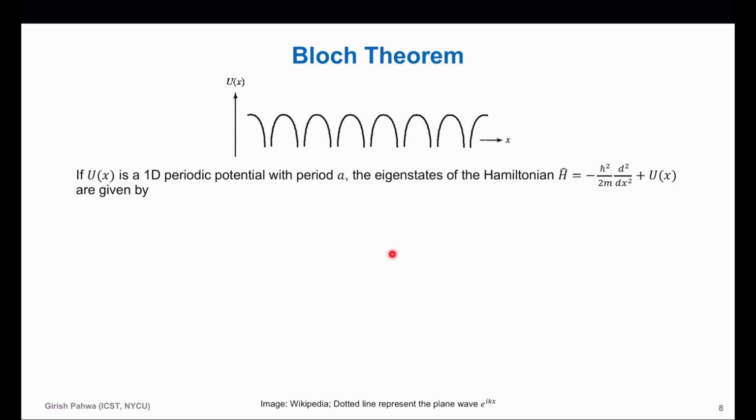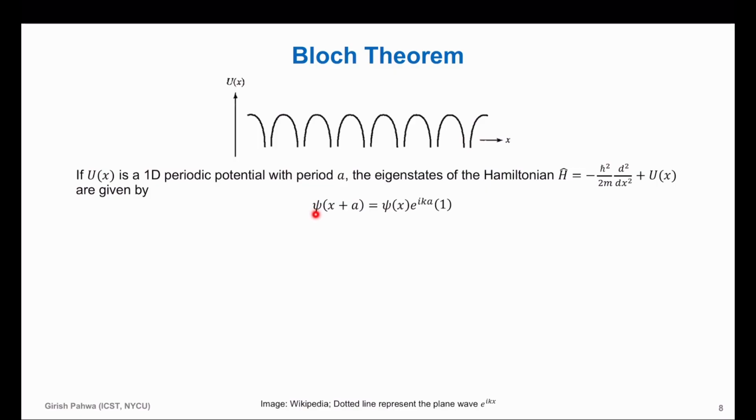Say U(x) is a 1D periodic potential and the period is a. The eigenstates or eigenfunctions of the Hamiltonian, basically the solution of the time independent Schrodinger equation, will have this property.